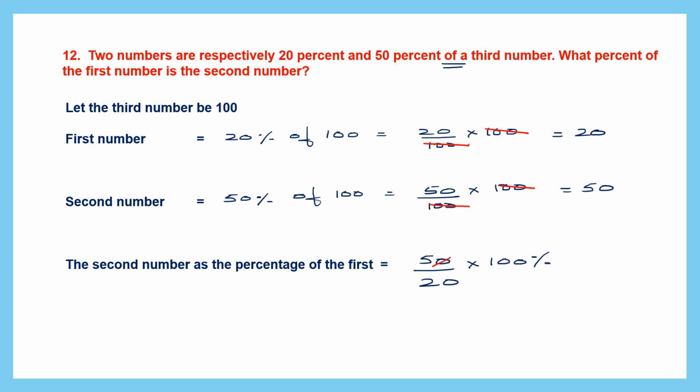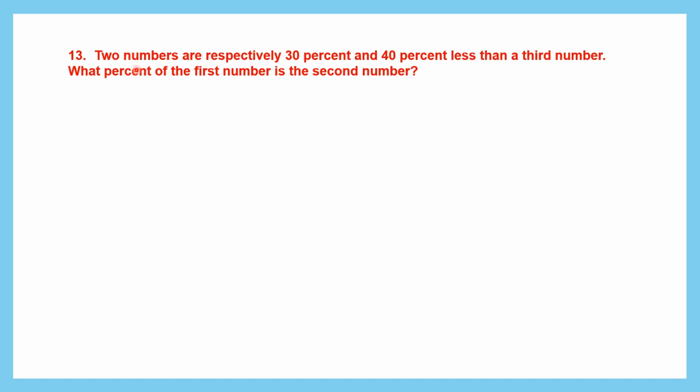I can cancel this and I can cancel 2 and 100. 2 into 50 is 100. Now here let's multiply the numerators. 5 into 50. 5 5s are 25 and you add the 0. It becomes 250 and then we have the percentage sign. So this is 250%.